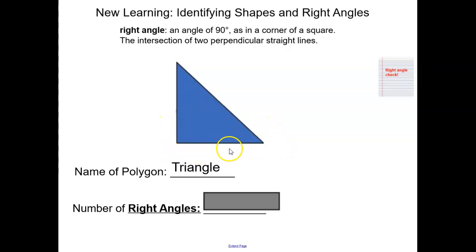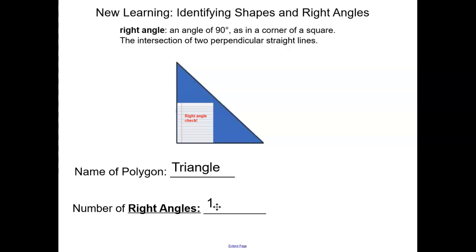What about this angle? Is that a right angle? Excellent job. You know it is a perfect right angle because it has two perpendicular straight lines that meet to form a corner. So this triangle does have one right angle. I hope you wrote down 1.